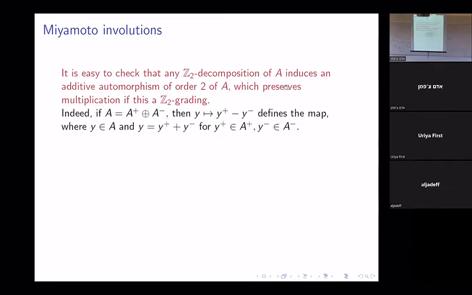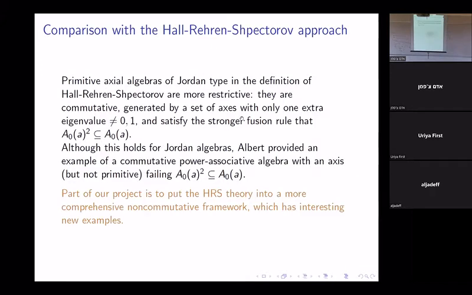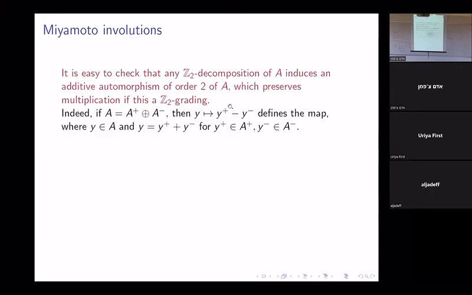So I'm just going to talk about the case where you have one extra eigenvalue, which you write y as y plus y minus, for y plus being the sum of the 0 and 1 eigenspaces, and y minus being in the lambda delta eigenspace.